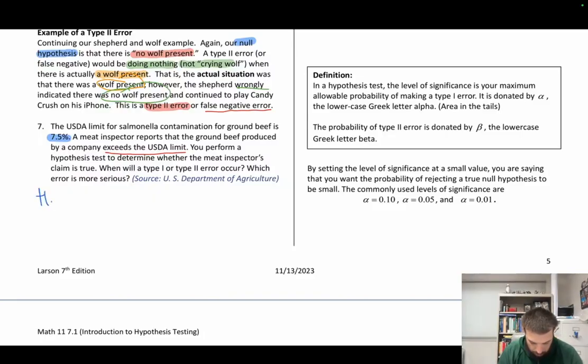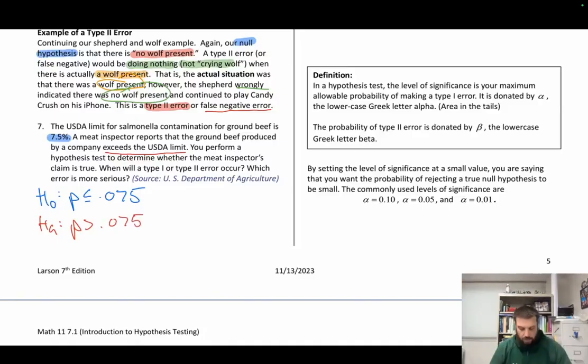Our null, H0, is going to be P is less than or equal to 7.5%, or let's write it as a decimal, 0.075. And thus our alternative hypothesis is P exceeds, so it is strictly greater than, that same thing, 0.075.